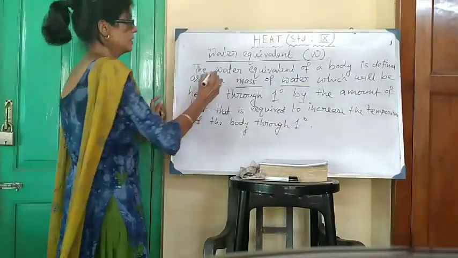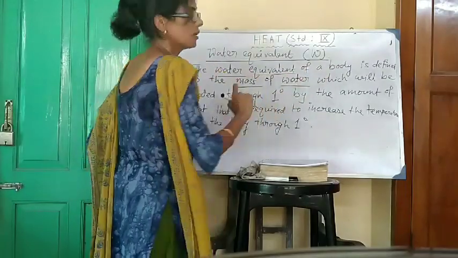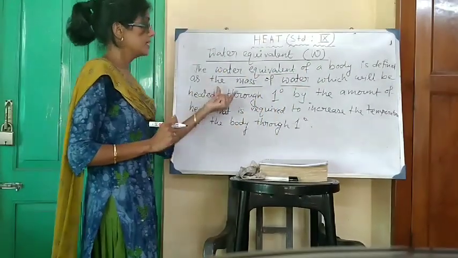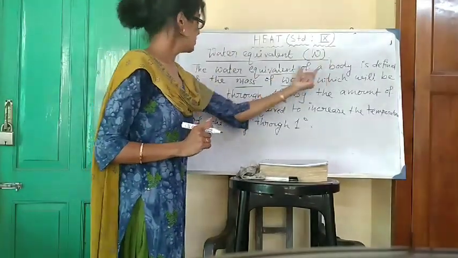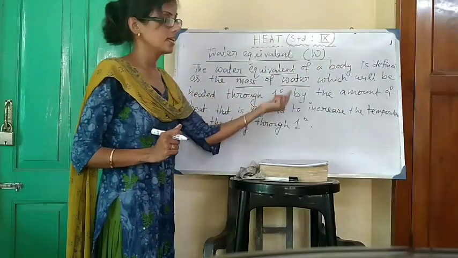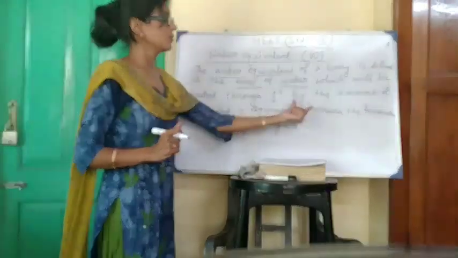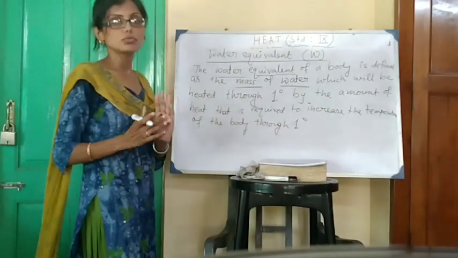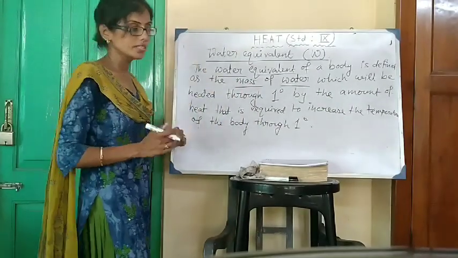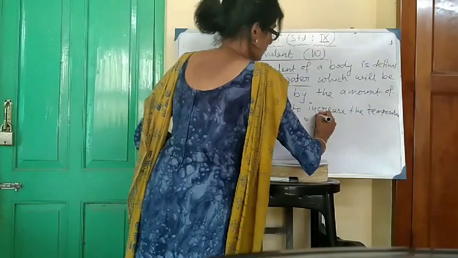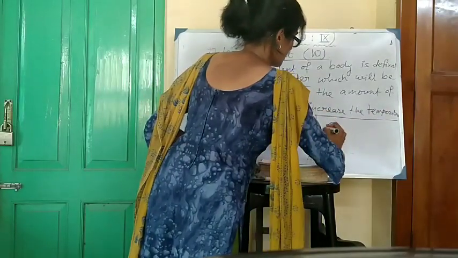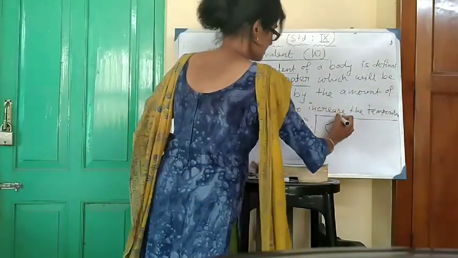The water equivalent of a body is defined as the mass of the water which will be heated through 1 degree by the amount of heat that is required to increase the temperature of the body through 1 degree. What is the meaning of the definition? Let us consider a body of arbitrary mass m.